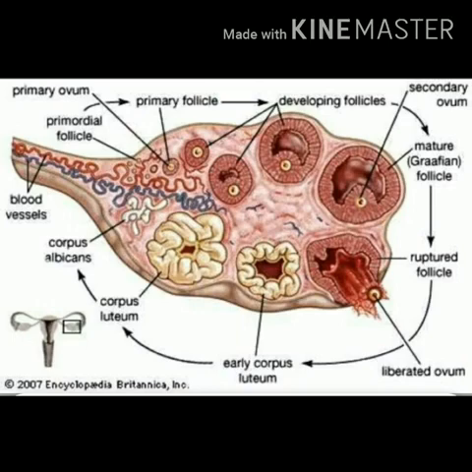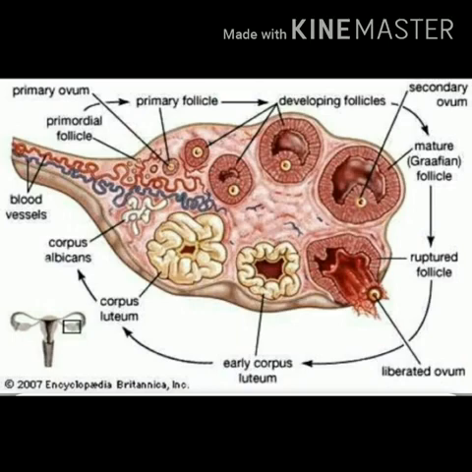Okay, the development of primordial follicle into mature follicle or Graafian follicle restarts with the onset of puberty, that is at the age of 13 years of the female. This development is a cyclic change in the ovary.